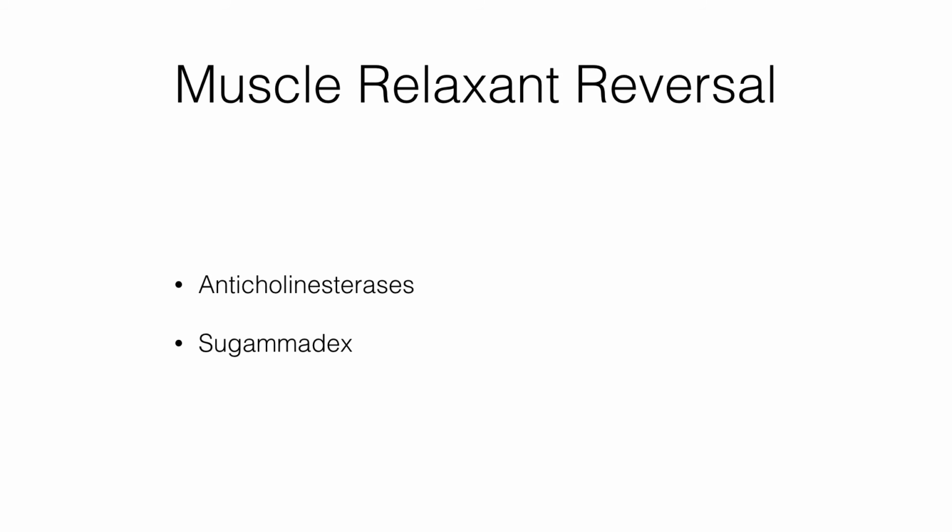There's actually another class of drug more recently discovered called Sugammadex. That is the drug we're talking about for the immediate reversal of certain types of non-depolarizing muscle relaxants immediately after they've been given. So Sugammadex works in a slightly different way.